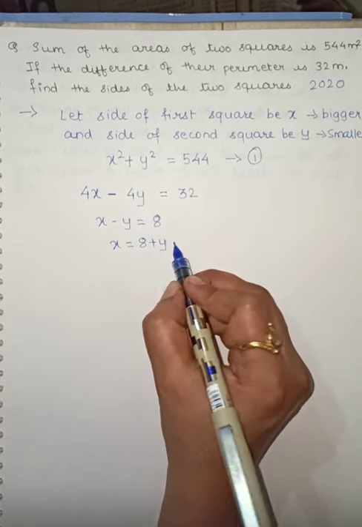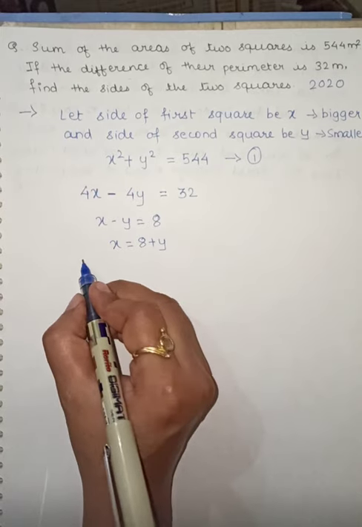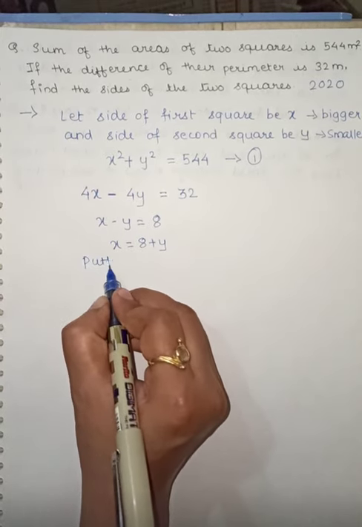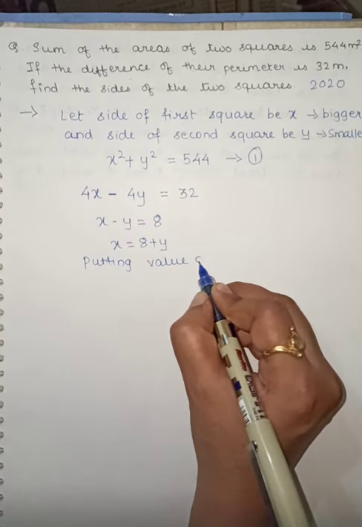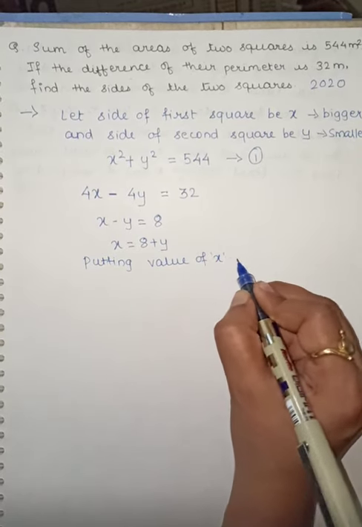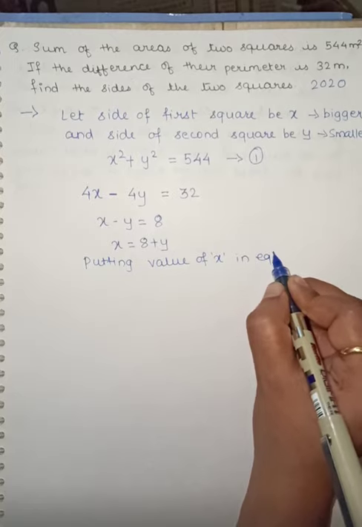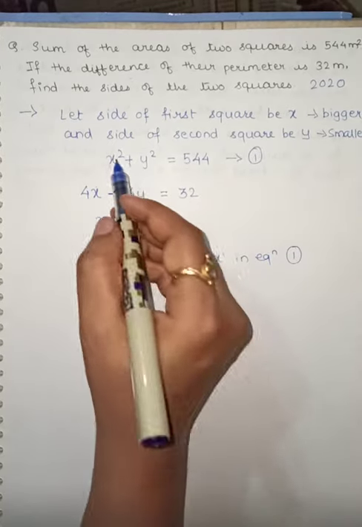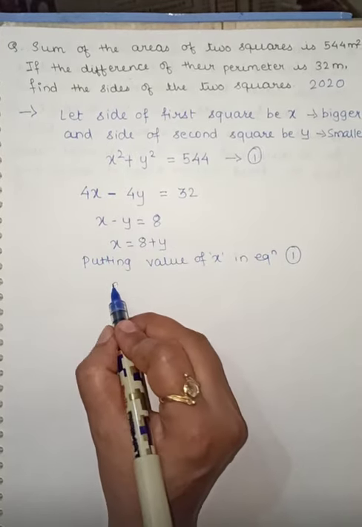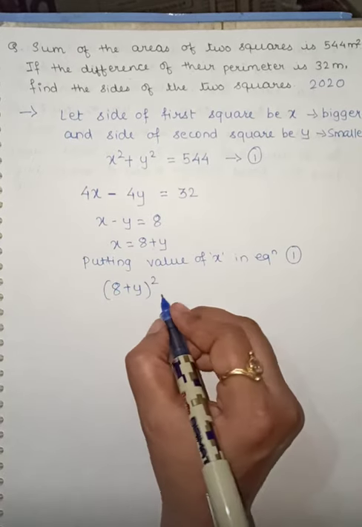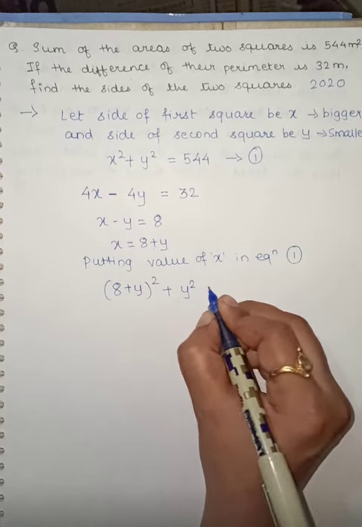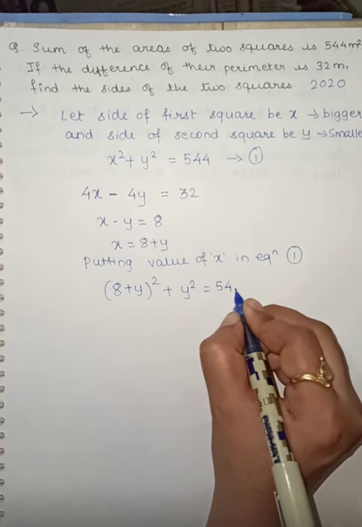Putting this value of x in equation 1. Instead of x, now I will write (8 plus y) whole square, since it is x square, plus y square as it is, equal to 544.